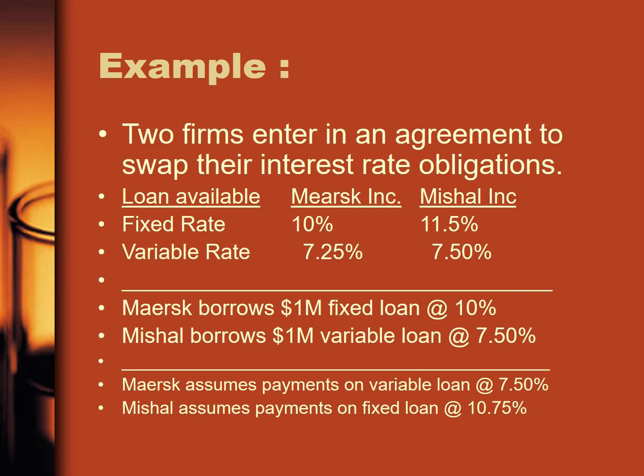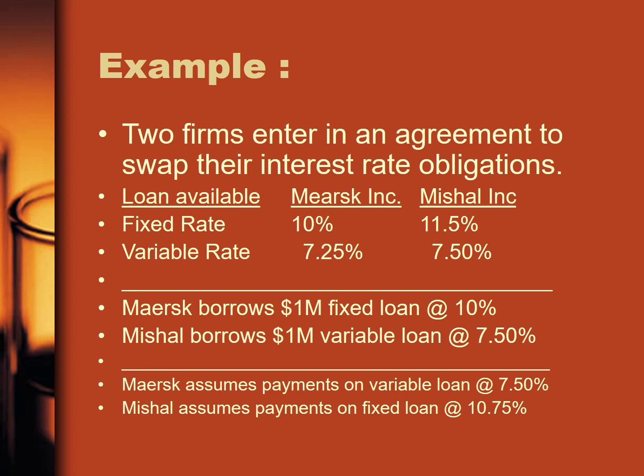All right, let's run through this example of two firms, and they enter into an agreement to swap their interest rate obligations. The situation is like this, the loan available, the name of the company.